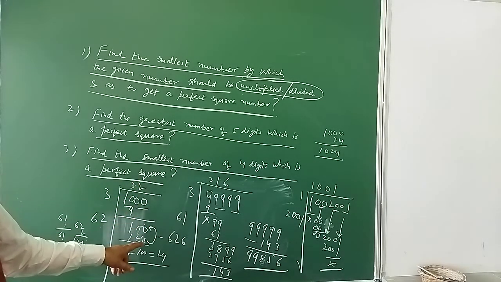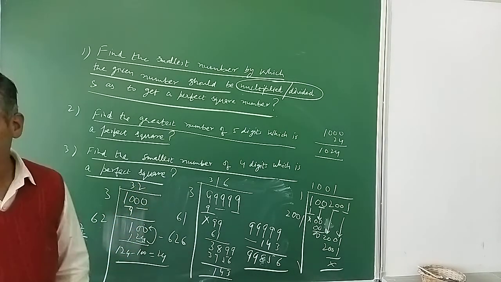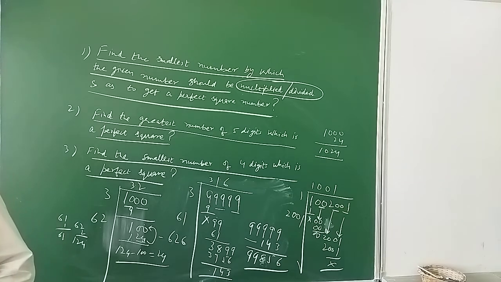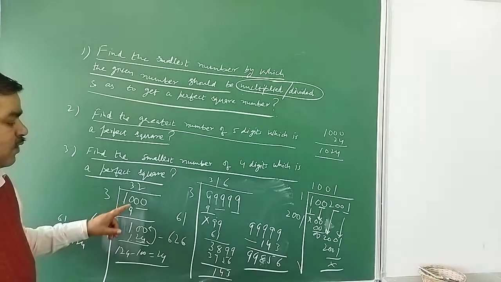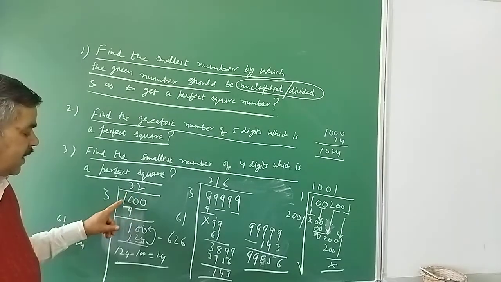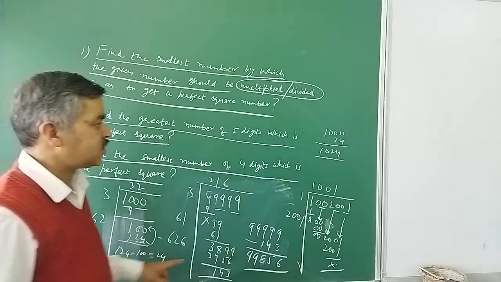The second format of the same question can be asked like in your textbook. One question is there, find the least number, that is number 13, which must be added to the following numbers. So whenever it is the smallest number, find the smallest number which must be added. You see, I have added this remainder there.